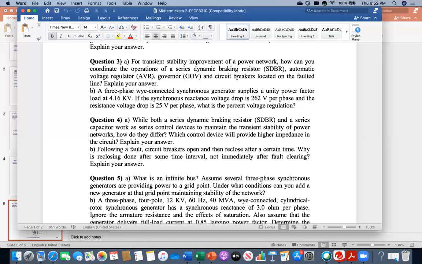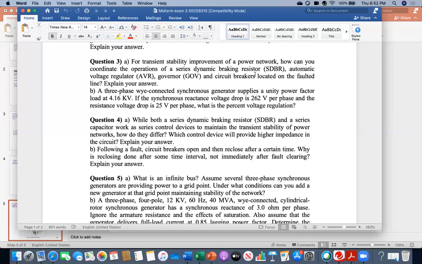But in this case, you cannot make any specific sequence, because the SDBR is connected in series. Once there is a fault, current will start flowing through the SDBR because it is connected in series, and the circuit breaker is again in series. So in that case, you can say that all will be operating almost at the same time. It does depend on the inherent delay in each system.